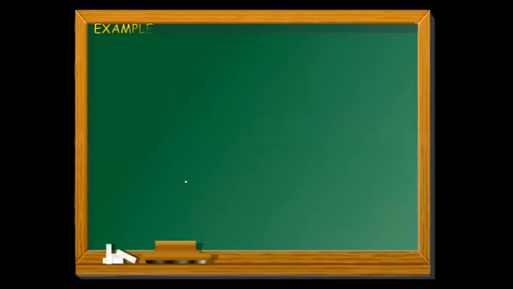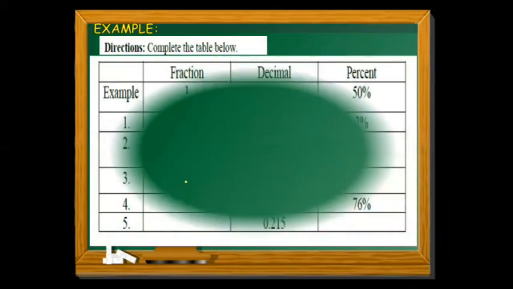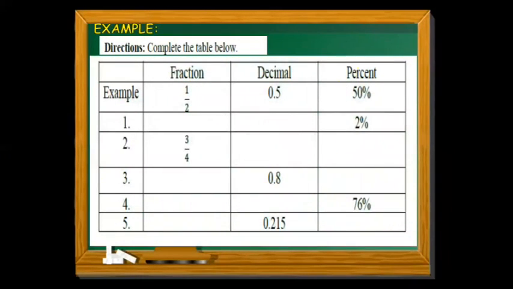So, let's have an example here. Ayan. So, complete the table below. So, meron tayong example. Fraction is 1/2. The decimal point is 0.5, then the percentage is 50%. So if our number one, the given number only is 2%. So how are you going to change 2% to decimal? So we will just move 2 decimal places going to the left.